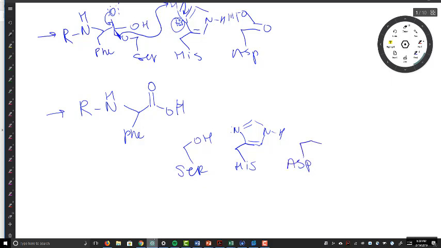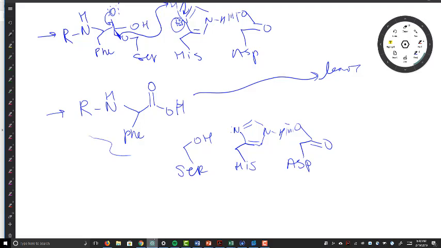Good old aspartate, who nobody really understands why it's there. Okay. So that's our second product. And then that is free to leave. And then the next peptide can come in and begin the process again.